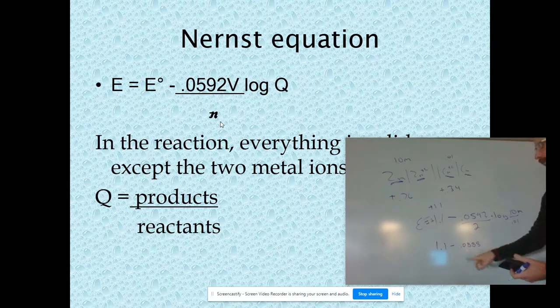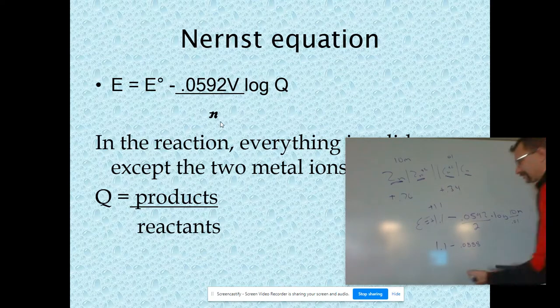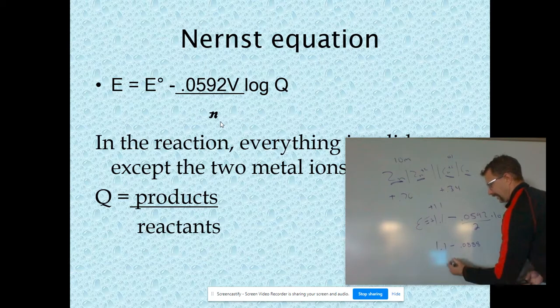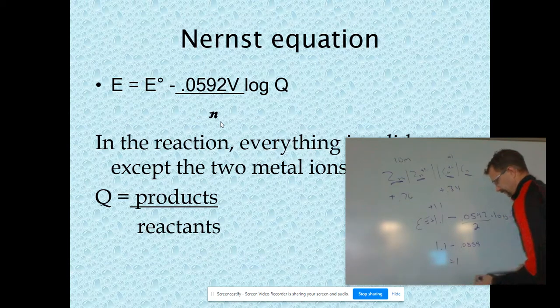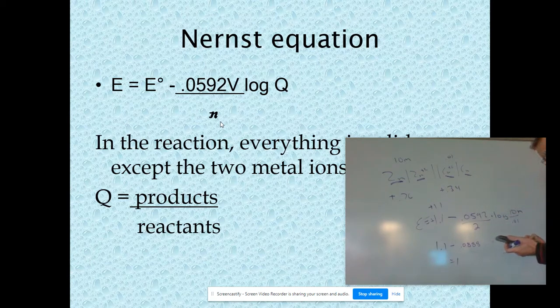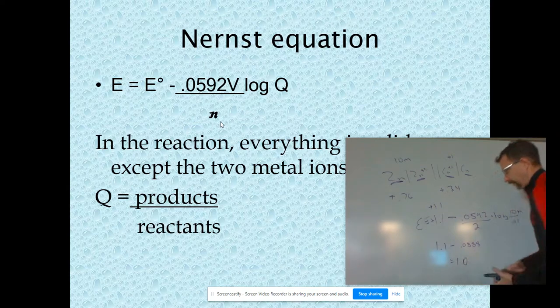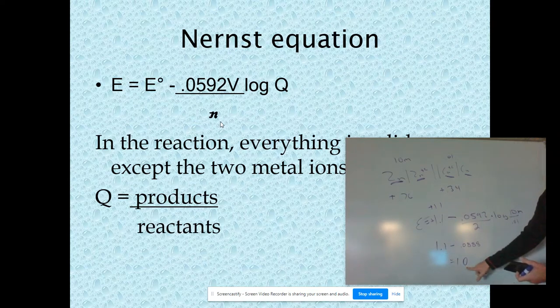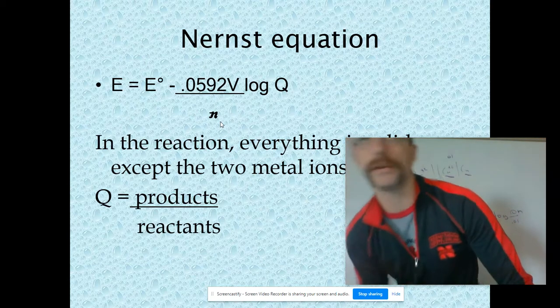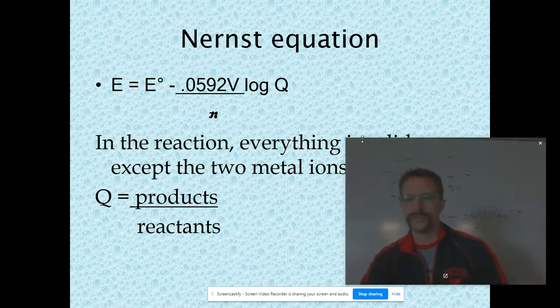So that's going to lower my voltage. Let's see how many sig figs we should keep on that. We can only keep 2, to the tenths place. So 1.0 volts.